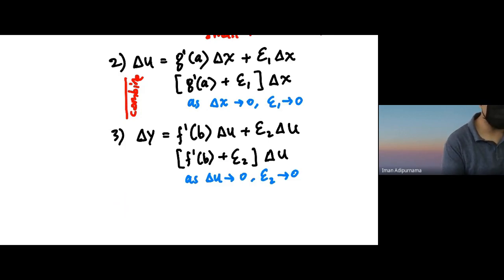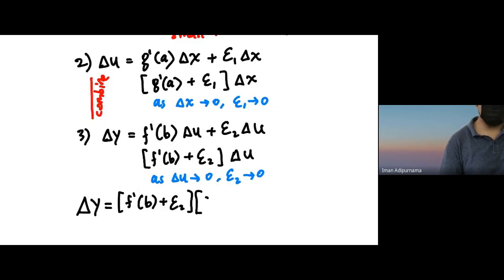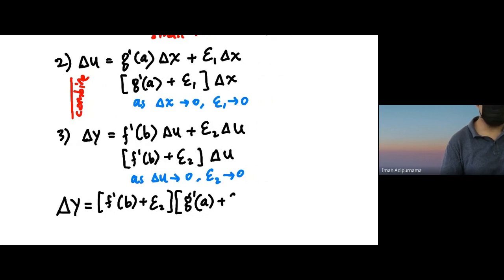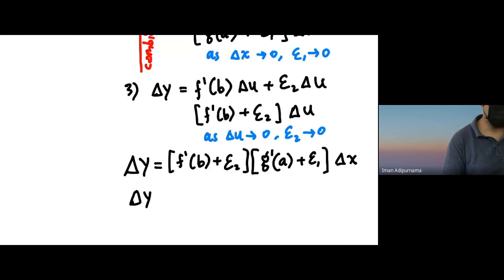Delta y is f prime b plus epsilon 2 times g prime a plus epsilon 1, and then delta x. So delta y over delta x.